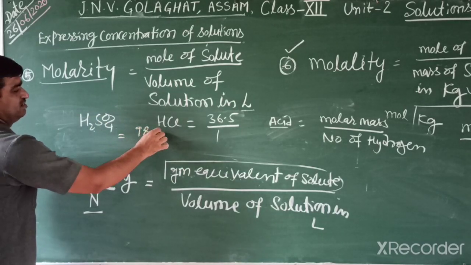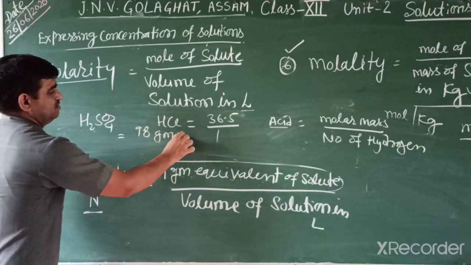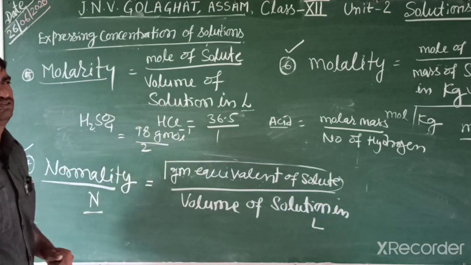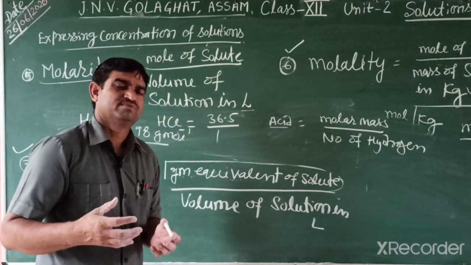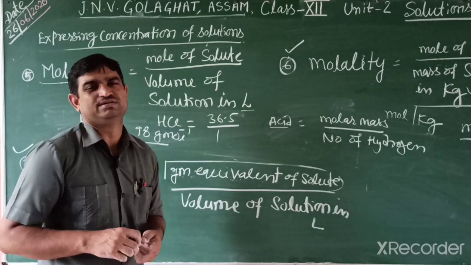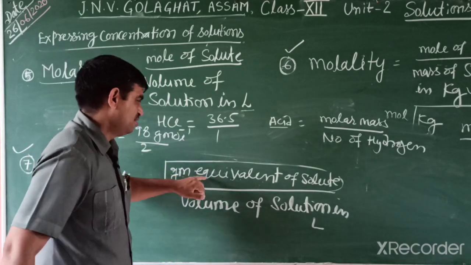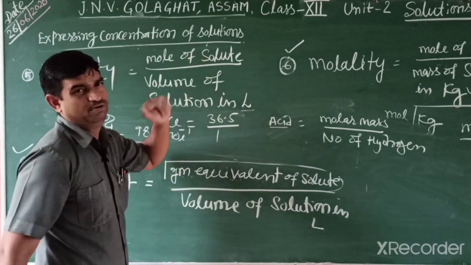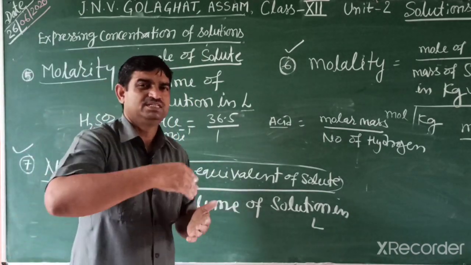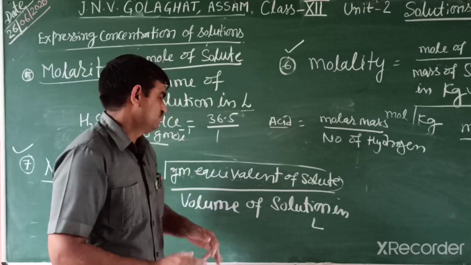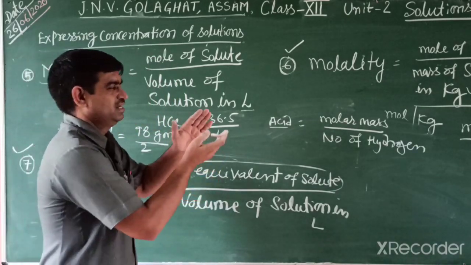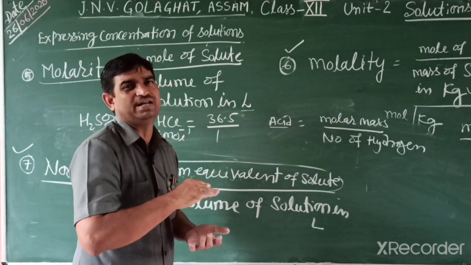So 98 gram mole inverse divided by 2. So we get 49 gram, known as the equivalent mass. So for gram equivalent, it is equivalent to mole. Mole, how can we identify? Given mass by molar mass. But gram equivalent, we identify by the given mass by equivalent mass.